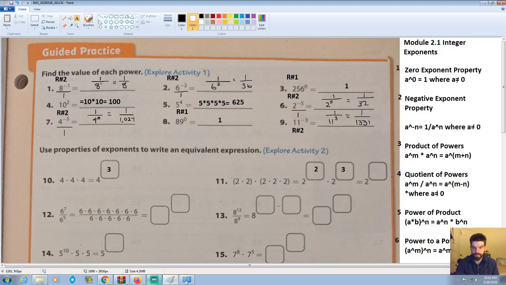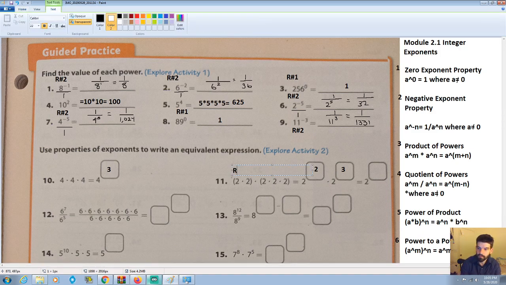So that's going to be 2 squared times 2 cubed. We have 2 like bases that are being taken to exponents, and those bases are being multiplied. So we're going to add the exponents together. This is going to be rule number 3. Okay, so we're going to add the exponents together. This is going to be 2 to the 5th.